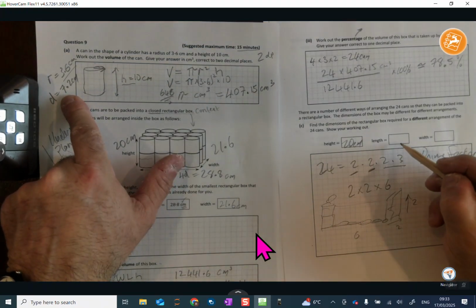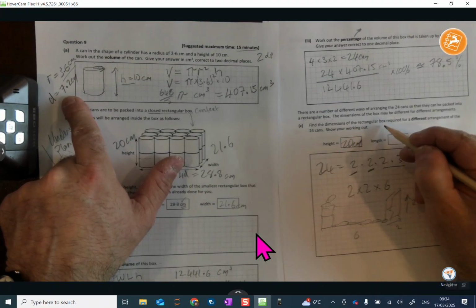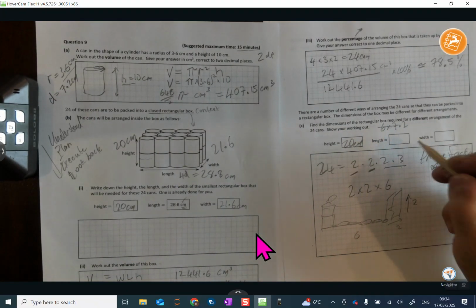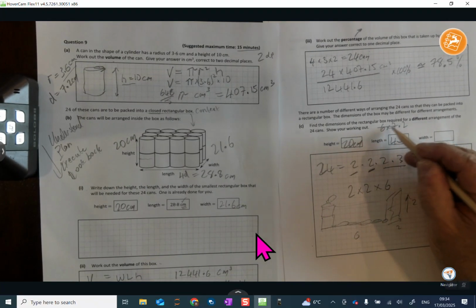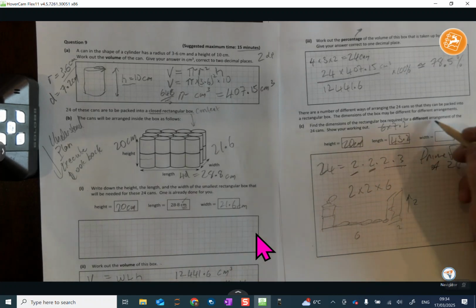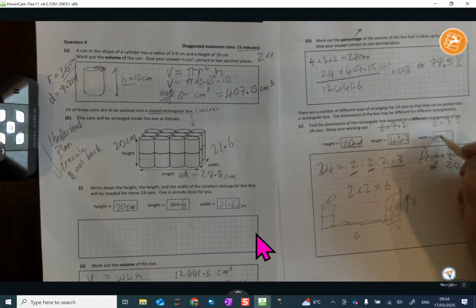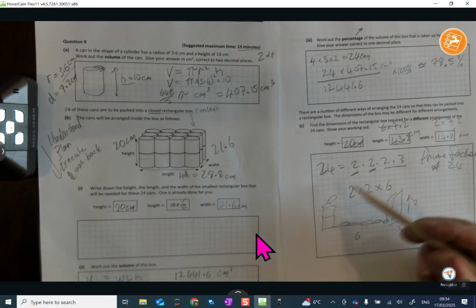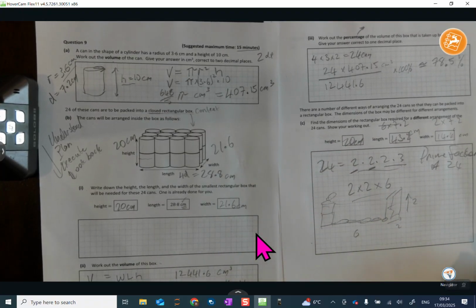I'll try and do it in my head. 6 7's 42, so I've got 6 by 7.2. 6 7's 42 plus 1.2, 43.2. And then the width is 2 7.2s, which is 14.4. Again, I want my centimeters here and my centimeters here, and show your workings out. What I did here, definitely, that's my workings out.